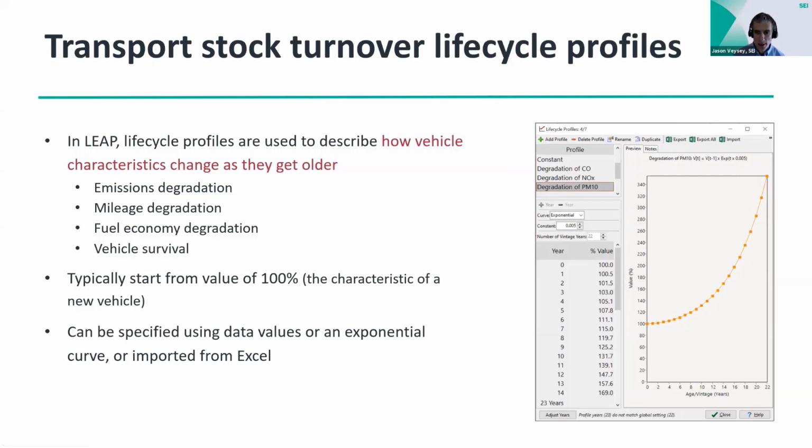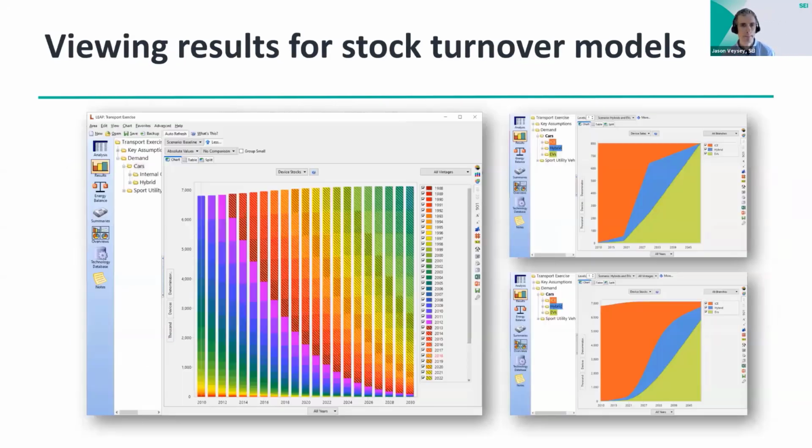These profiles can be specified using data points. You can draw your own curve, or you can use an exponential function within LEAP, or you can import points from Excel. When you look at the results of stock turnover modeling, you get a few additional output variables, which I've shown here. You can show some results by vintage. It's this multicolored picture here, the point of which is to show you that certain vintages, when they start out, have more vehicles.